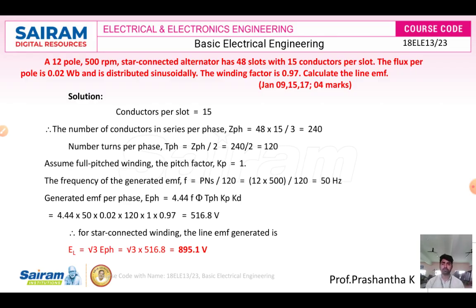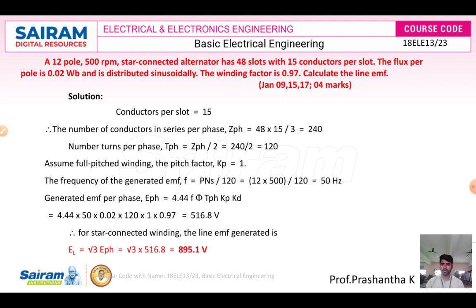Kp Kd is equal to 1, the winding factor is 0.97, or Kw is equal to 0.97. Calculate the line EMF. This question was asked in January 2009, 2015, 2017 for 4 marks. At that time they asked 4 marks; at present they are going to ask for 8 marks or 6 marks.